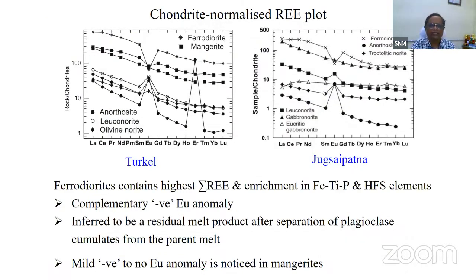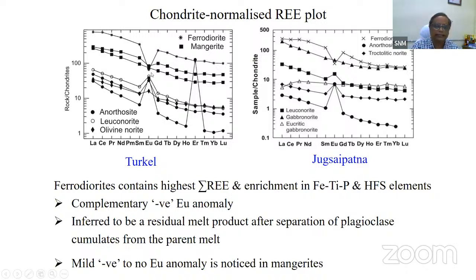And one more thing that is very important here: I have given here the chondrite normalized REE plots for Turkel and Juksai Patna for rocks like anorthosite and its series, that is leucogabbro, leuconorite, and so on. You can see here a positive Eu anomaly for anorthosite, leuconorite, norite and things like that, and a complementary negative europium anomaly for ferrodioritic rocks in both the complexes.